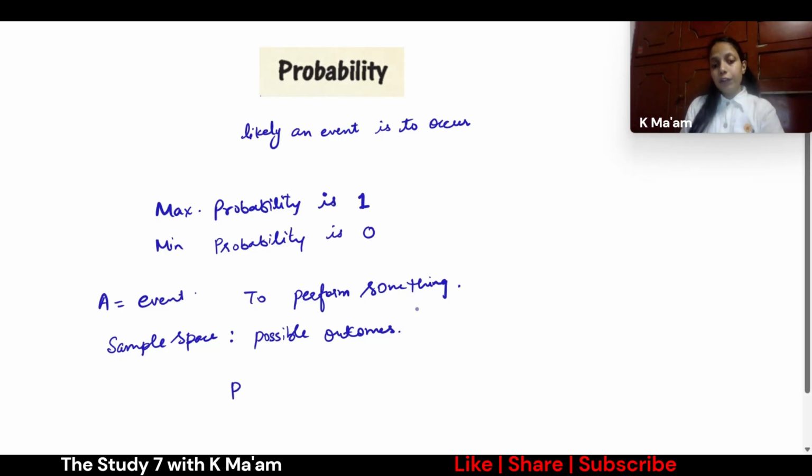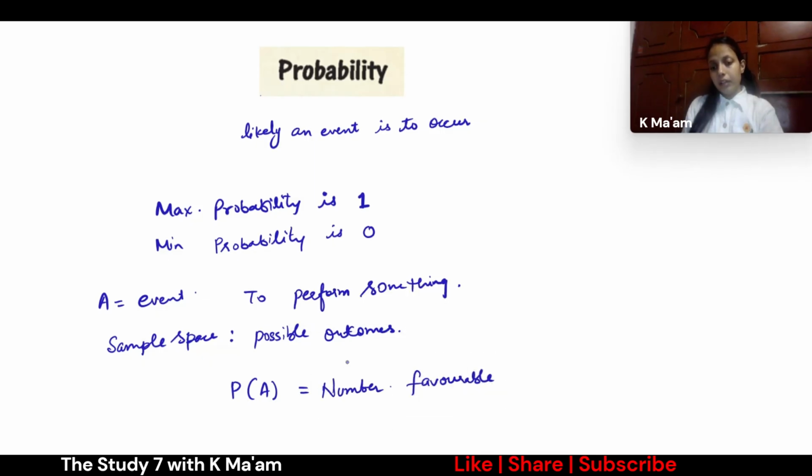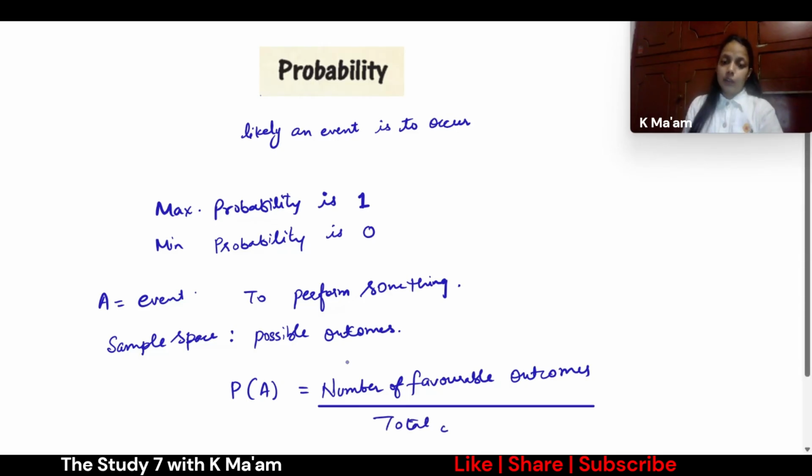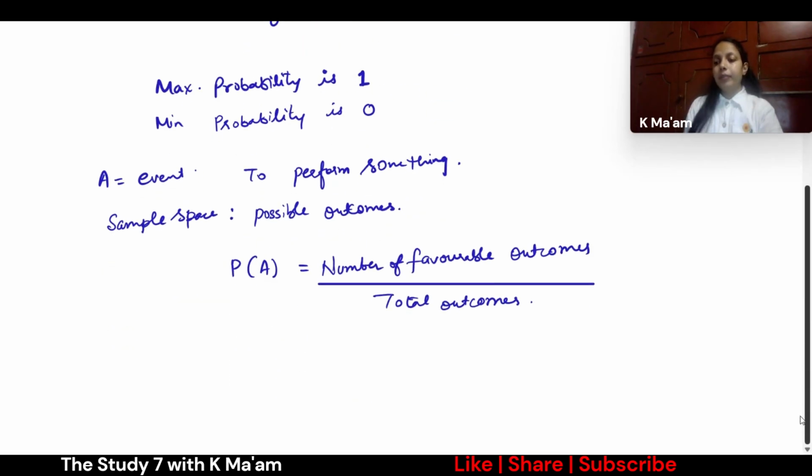So the formula for calculating the probability of an event A is the number of favorable outcomes divided by the total outcomes.